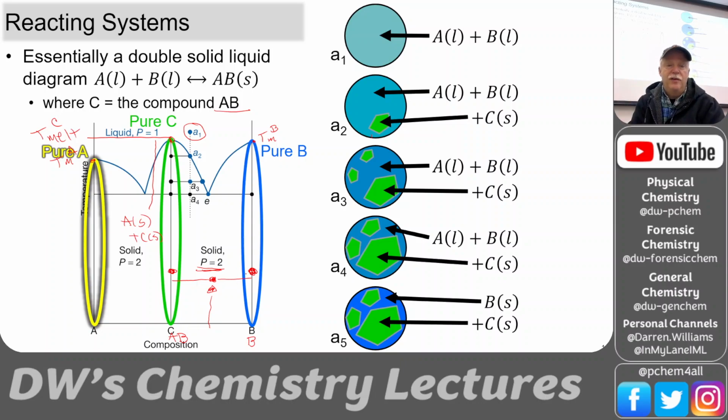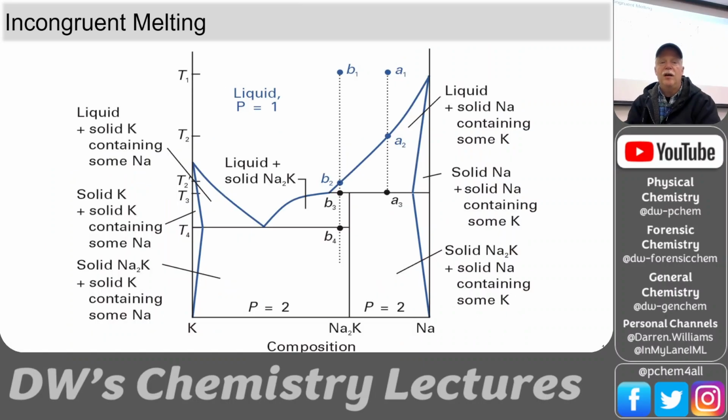If we're right here at 75%, we have chunks of AB and chunks of B in our solid. And it adds up to AB2, right? Because we're right at 75. Okay, so that's again the reacting systems we call it. So I think it'll become more clear.